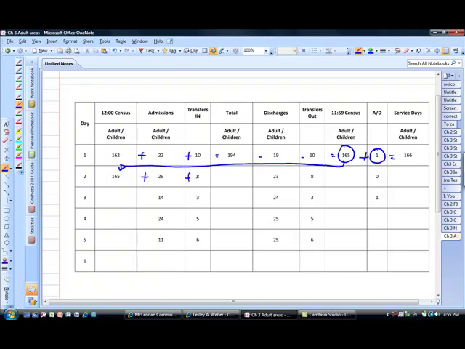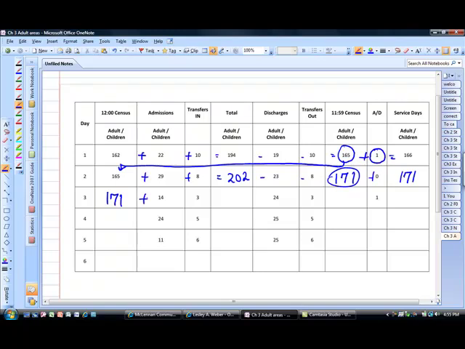We add the 29 and we add 8 to give us a total of 202. We subtract the discharges, 23 discharges, and the 8 that were transferred out, and we get a total of 171. 0 patients were admitted and discharged, so our service days will be 171. 171 becomes our start census for the next day.